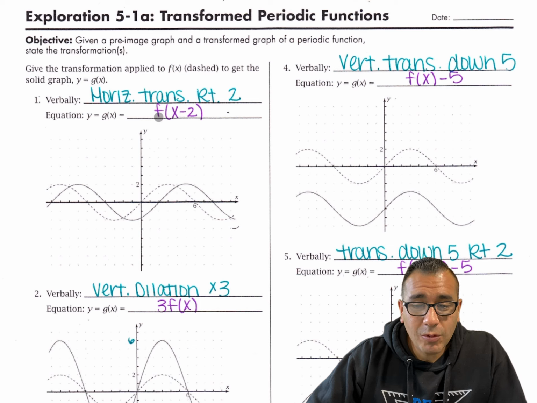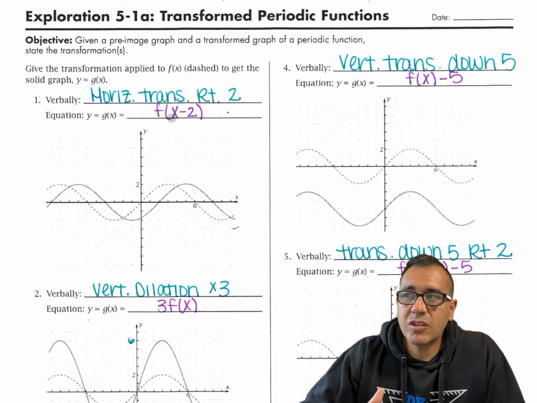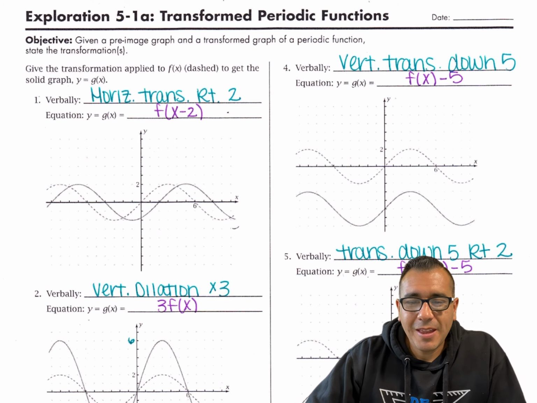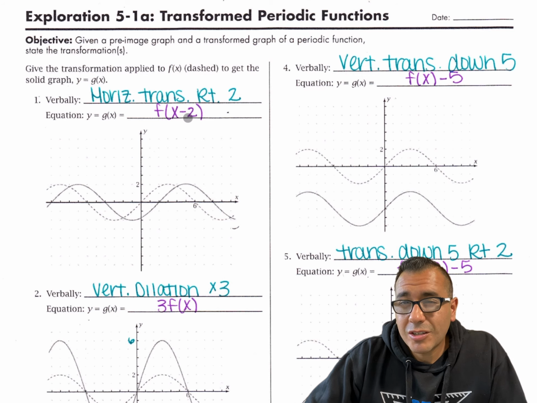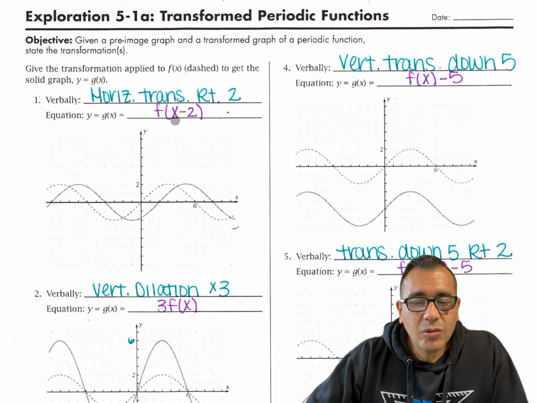So let's look at what's going on in here. When you move your function to the left or to the right, your x coordinate is being impacted. Because I'm going right 2 units, you take that x value and you subtract 2, and it's kind of counterintuitive, isn't it? The way I like to tell my students is, what number would you plug in here to get back to 0?